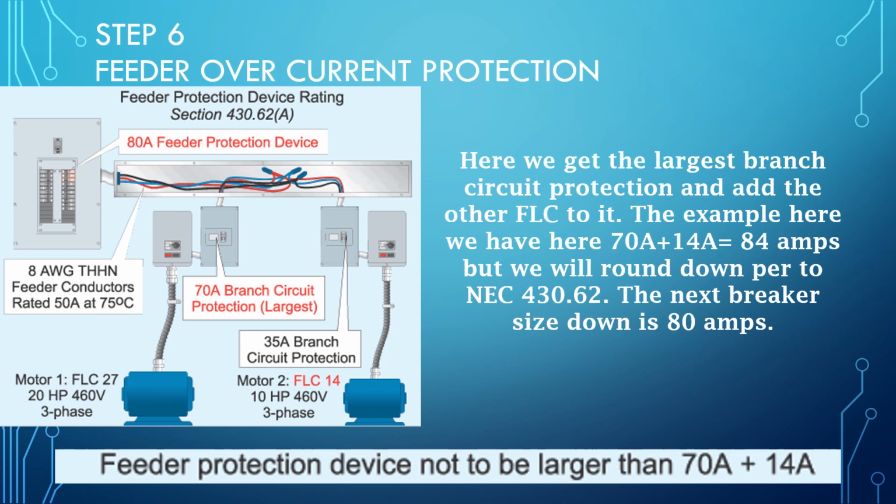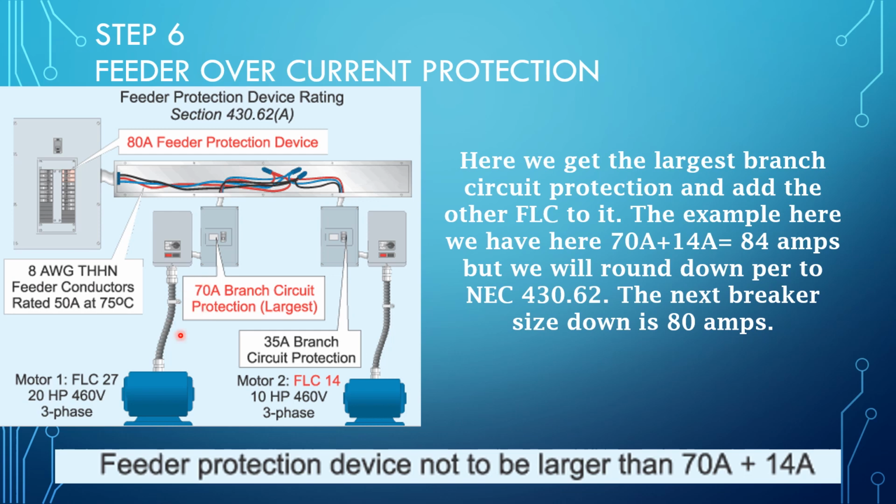All right, last step. Step number 6, our feeder overcurrent protection. Here we're going to take our largest branch circuit protection and add the full load currents of all the others to it. So we're going to find our biggest motor and take its branch circuit protection, the 70 amps.